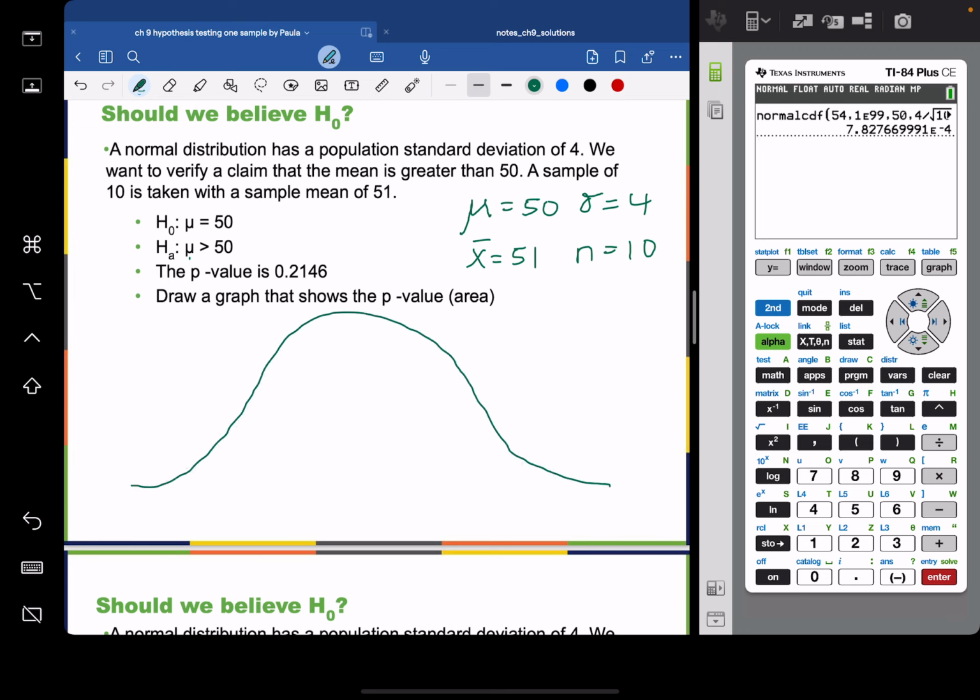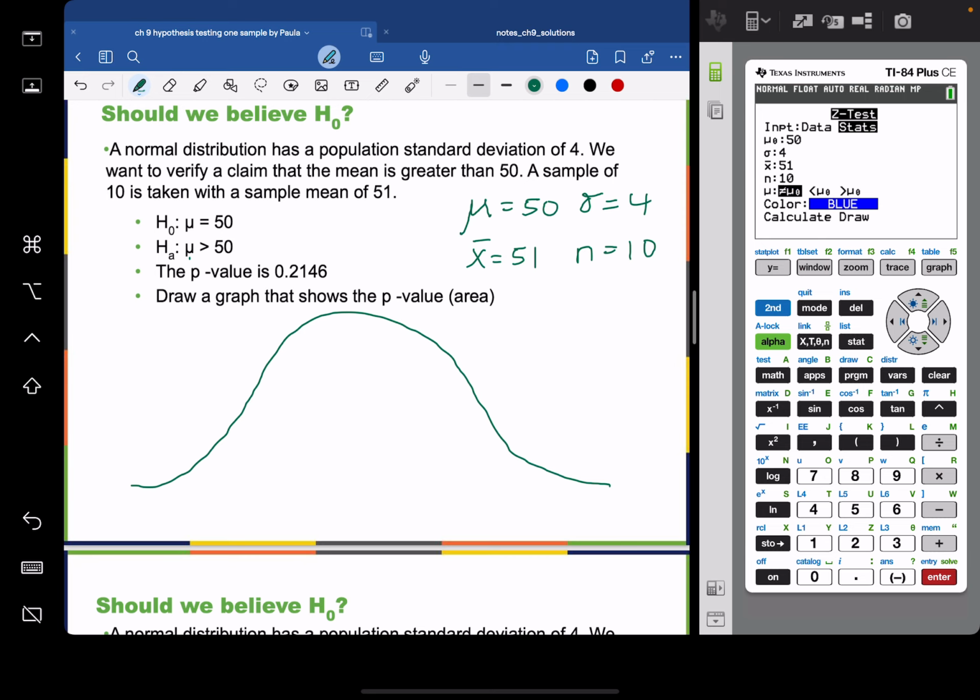So it will look something like this, but I'm going to clear this out and show you STAT TESTS. We're going to do a z-test. So STAT, TESTS, Z-Test. I'm going to input the stats, not the data, enter. Then I go down to mu 0 is 50, sigma is 4, my x bar was 51, sample size is 10.